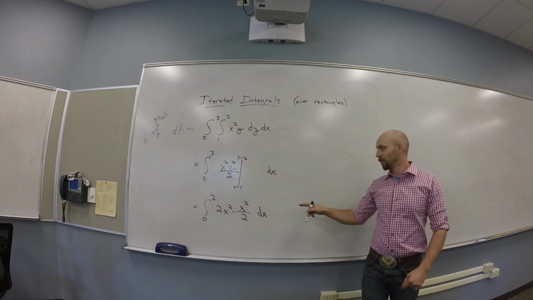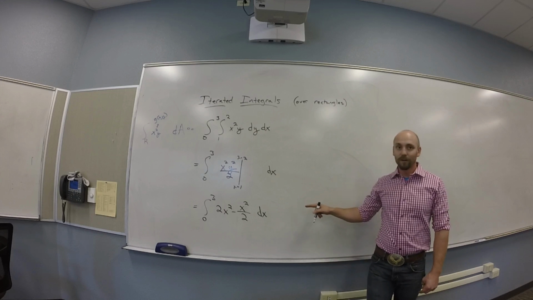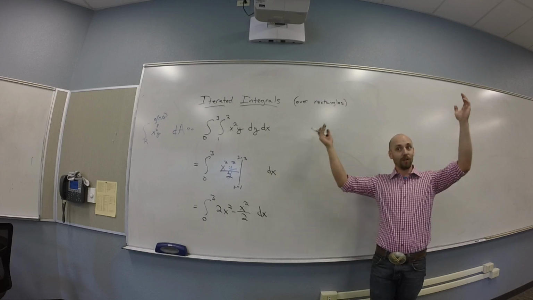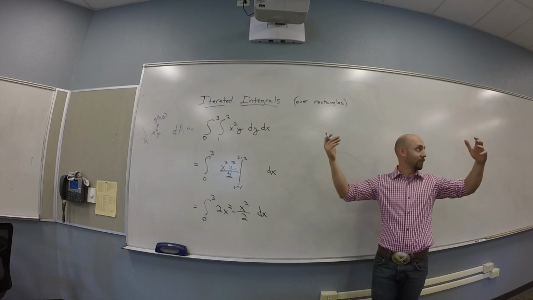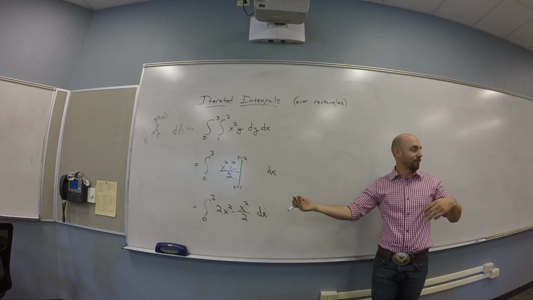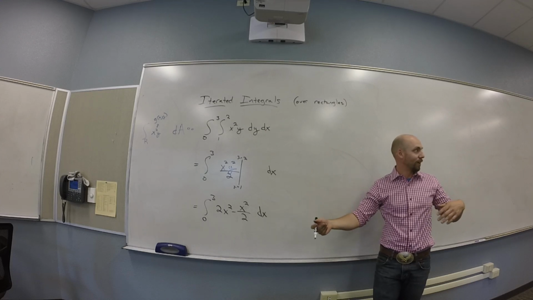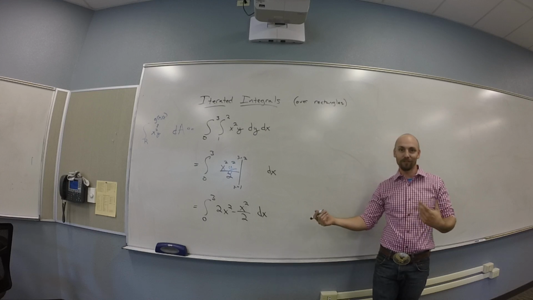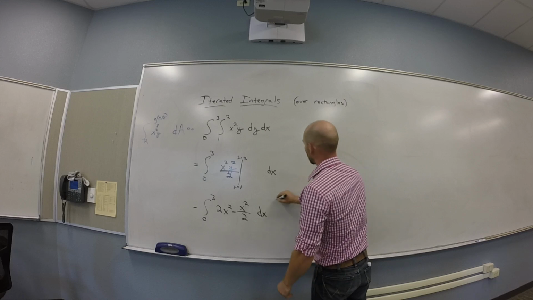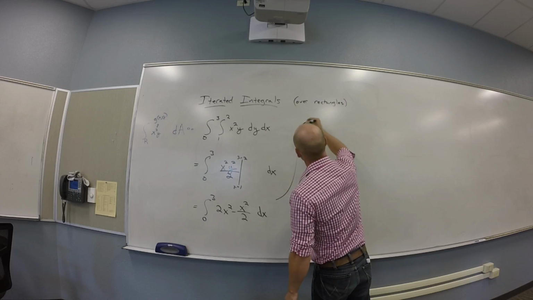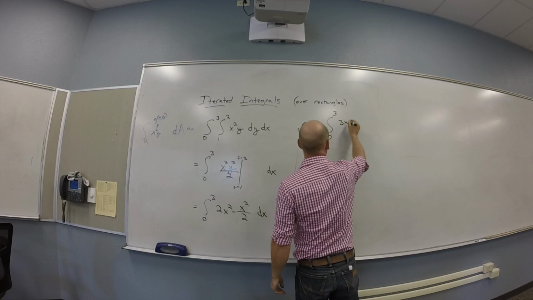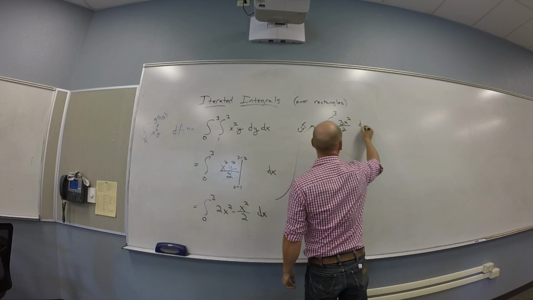Combine like terms to make your life easier: if you combine now, you can integrate once, otherwise you'd have to integrate two different functions. So we got the integral from 0 to 3 of 3x squared over 2 dx.